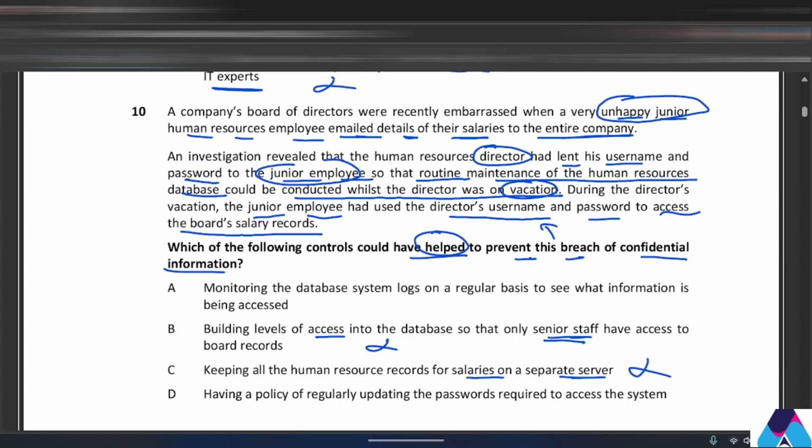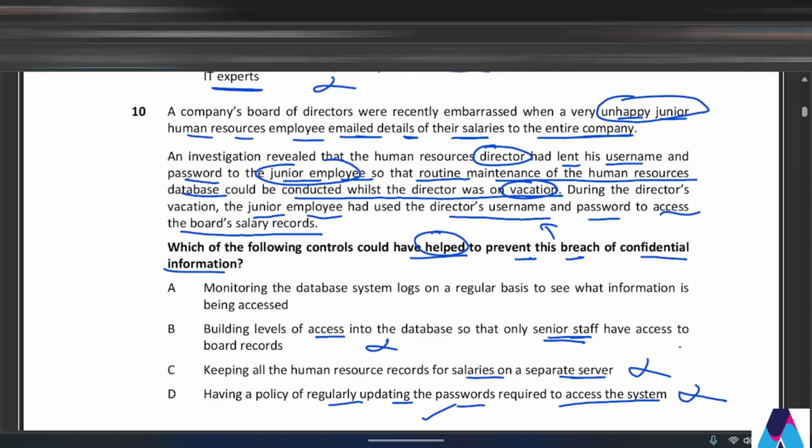Okay. Part number D says having a policy of regularly updating the password required to access the system. The point is that yes, this is a very good control. But what if your own staff is handing the passwords to the junior employee, right?